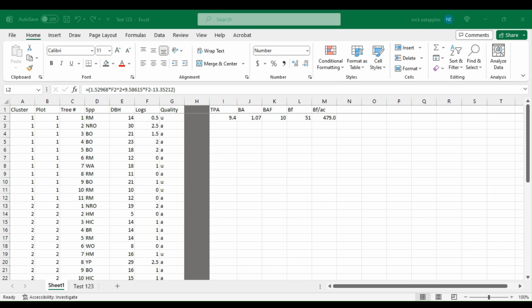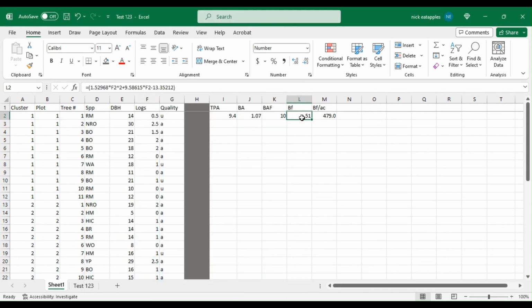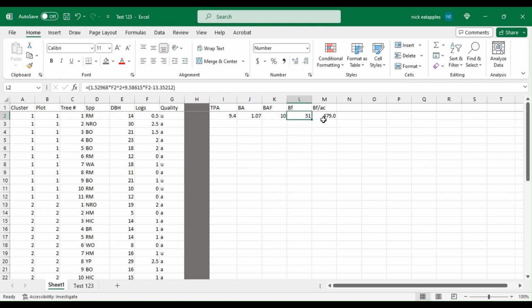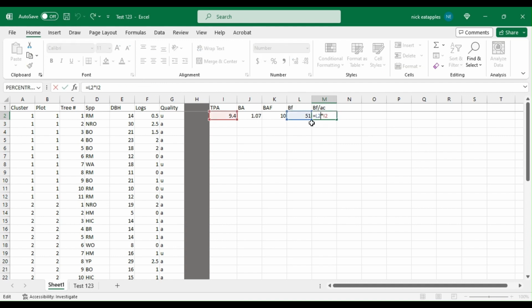That's not too important. You've got different form classes, but I'll leave a link to the paper where I got this formula from. This is a formula that you can punch right into Excel. And yes, it's super long and super complicated, but it works pretty good. And you can multiply that board feet per tree by your trees per acre to figure out how many board feet per acre you have.